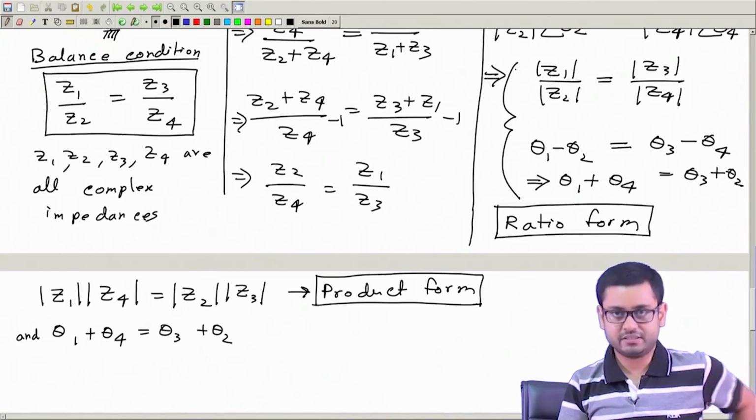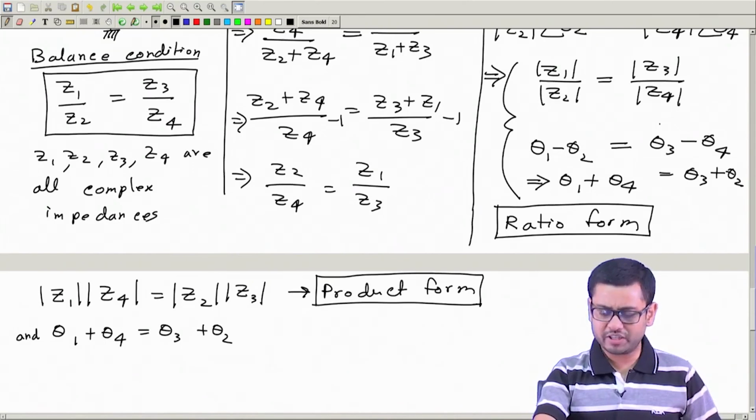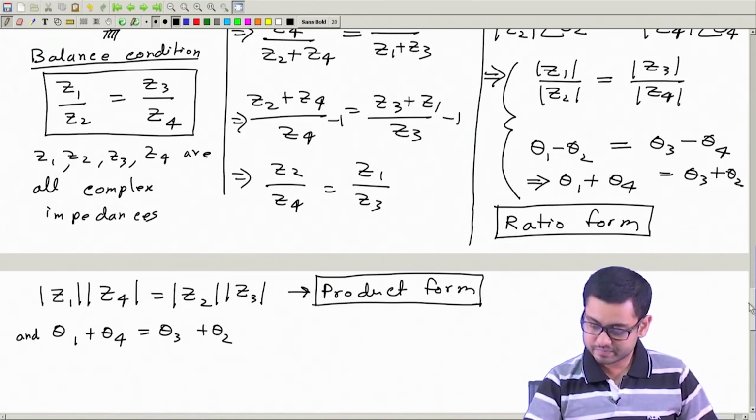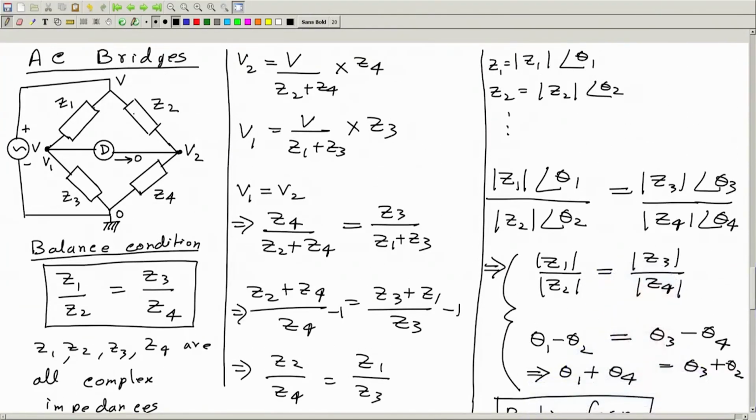Okay. So, just a small note that the same condition can be written in either form. We can take the ratio of adjacent sides, or we can take the product of opposite sides. The ratio of adjacent sides should be equal, that is the ratio form of the equation, and the product of opposite sides should be equal, that is the product form of the equation.